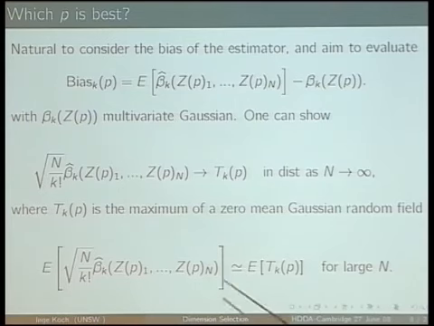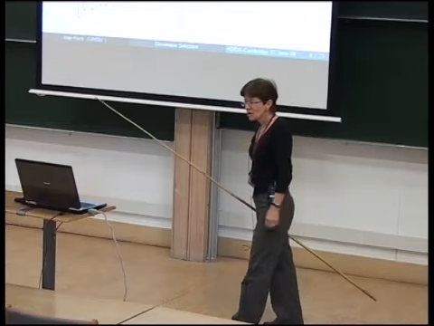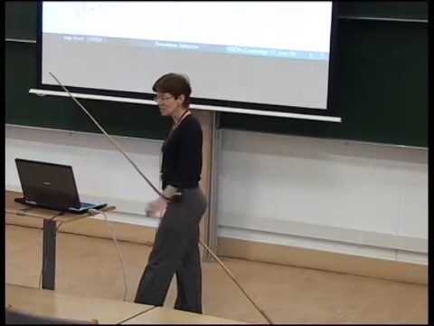We therefore also know that this works in distribution, therefore the expected value of my quantity of interest also converges to an expected value of a maximum of a zero mean Gaussian random field. So this sounds pretty good, so we're almost there.